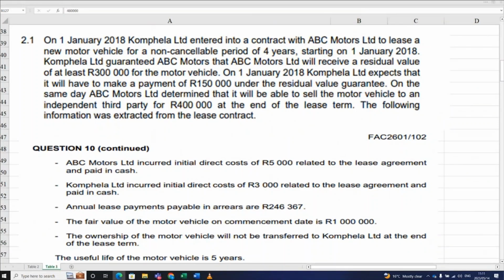So the first thing that we realized is that they didn't give us the discount rate, right? So we have to work out the implicit rate in the lease, okay, so that we can work out our right of use asset.